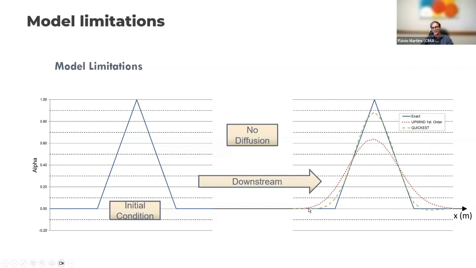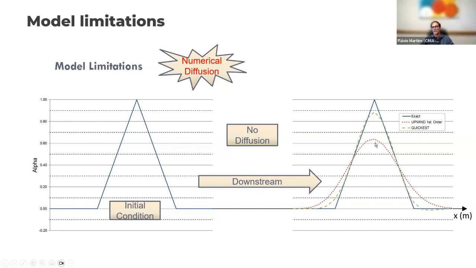I always have a solution that is similar to a model with diffusion, although I didn't use the diffusion term. This is an error that happens in all models, and we call it false diffusion, or numerical diffusion. It's due to numerical properties of the models.